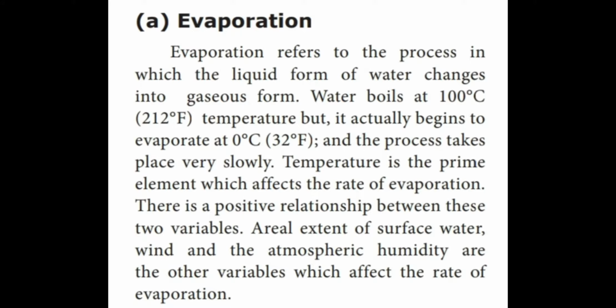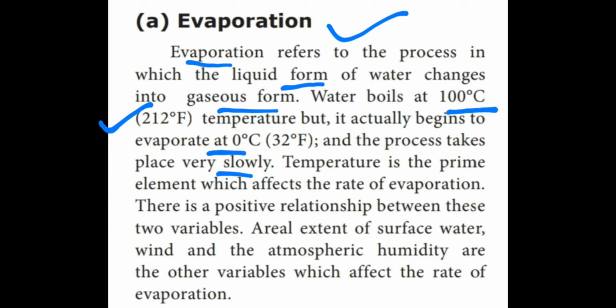Next, what is evaporation? Evaporation refers to the process in which the liquid form of water changes into gaseous form. So a liquid form of water changing into gaseous form is called what? Evaporation. Water boils at 100 degrees Celsius, that is 212 degrees Fahrenheit, but it actually begins to evaporate at 0 degrees Celsius, that is 32 degrees Fahrenheit, and the process takes place very slowly.